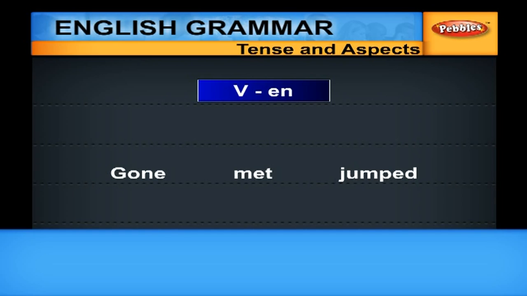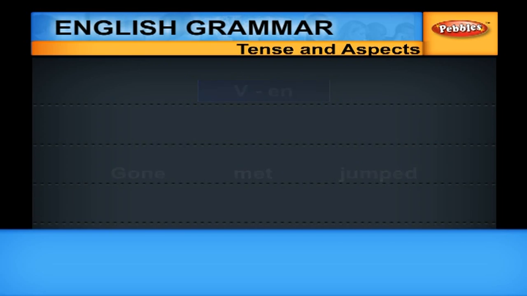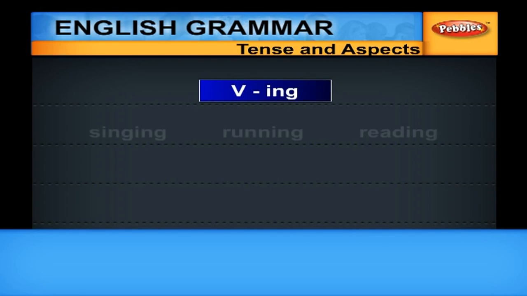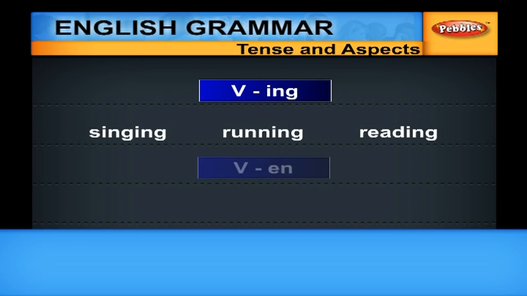Past participle is again not independent. It has to have a helping verb. Along with a helping verb, it forms a perfective aspect. VING, present participle, is used in the formation of continuous aspect. VEN, past participle, is used in the constructions of perfective aspect.